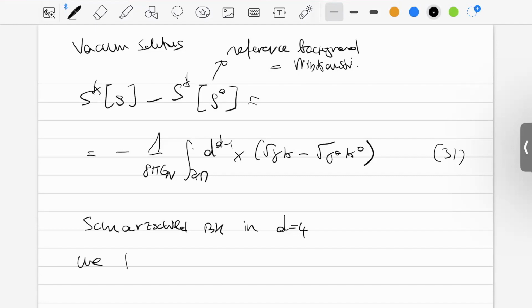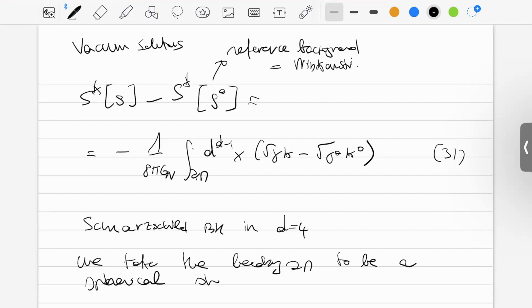So we take the boundary to be a spherical shell at large radius. At the end, we will send the radius to infinity so that we can get the whole spacetime.